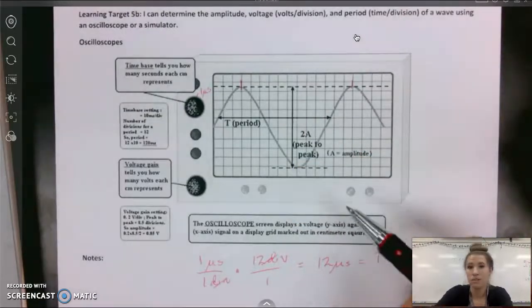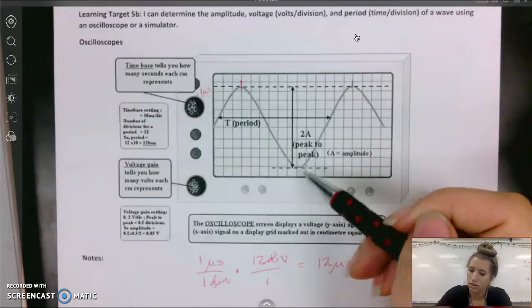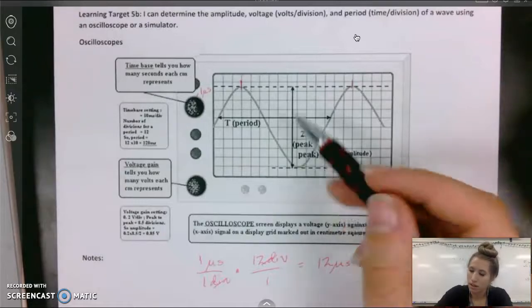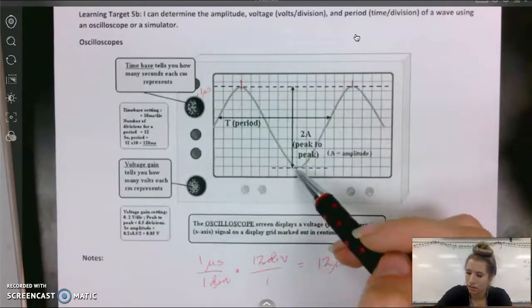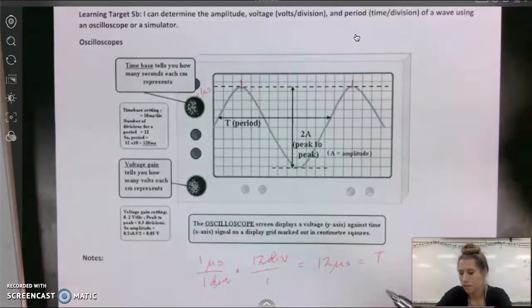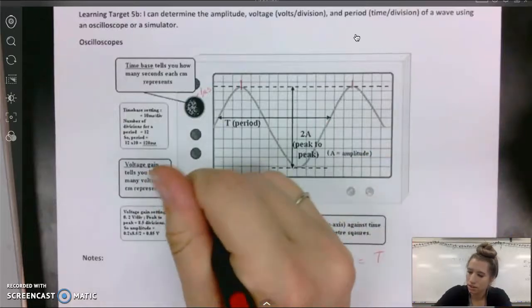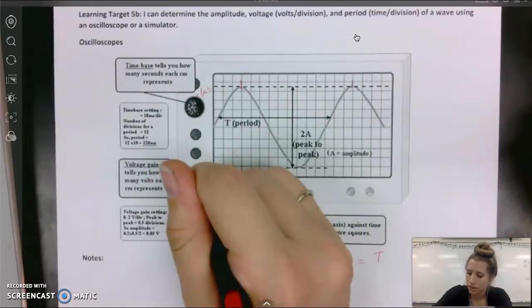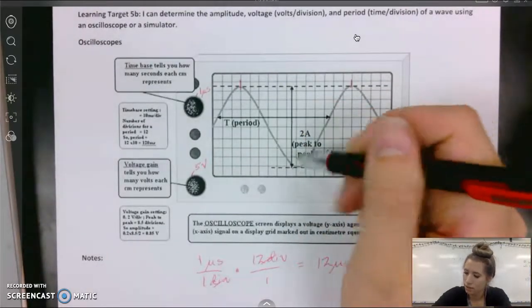I think it's easier to find the peak to peak first, because sometimes it's hard to define right where the middle is. It's easy to go, okay, here's the location of a peak, there's the location of a trough, right? And let's say that each division this knob is set at represents 5 volts, okay?